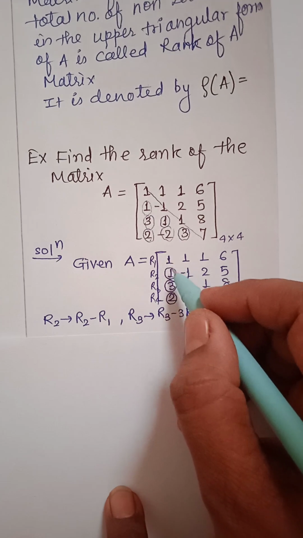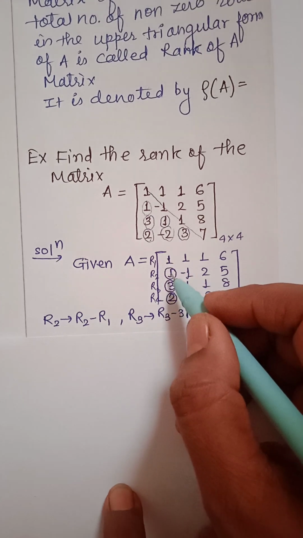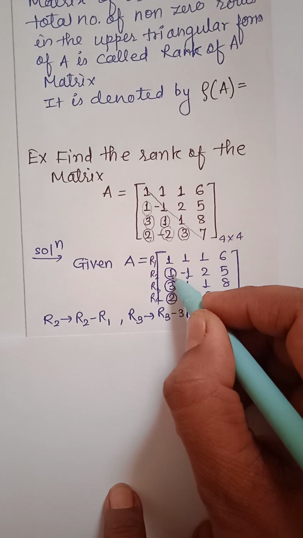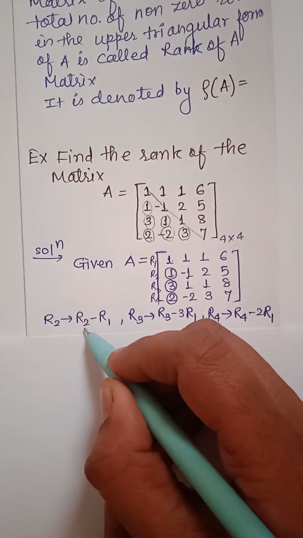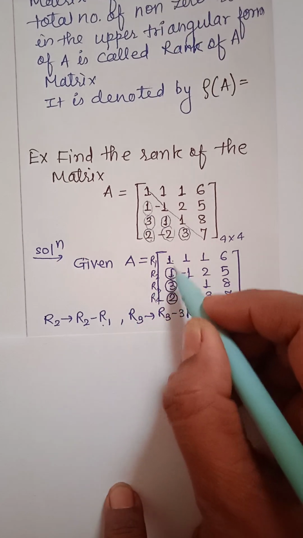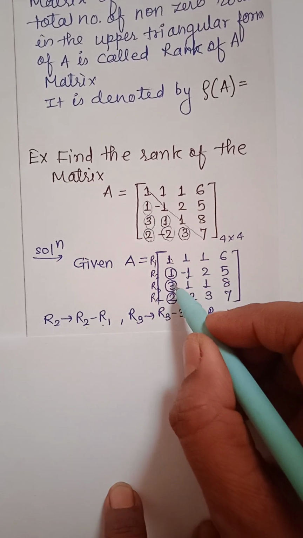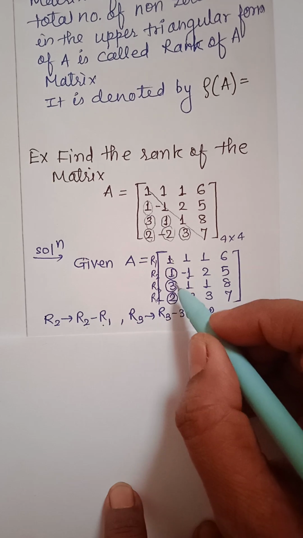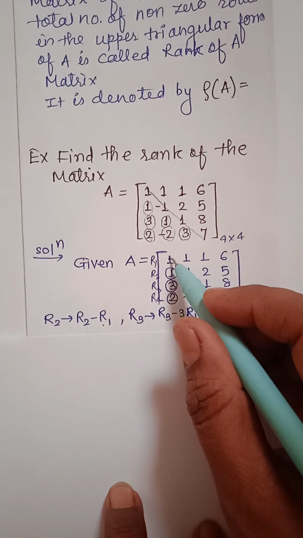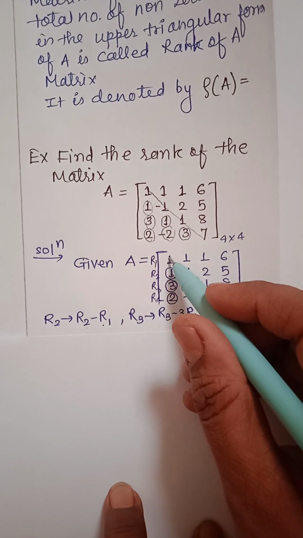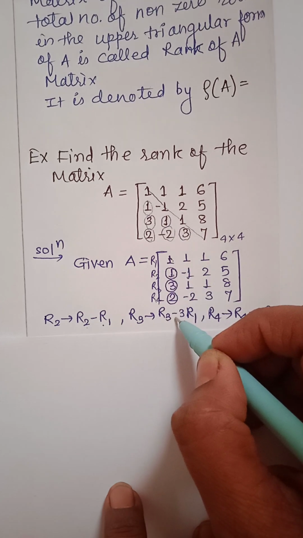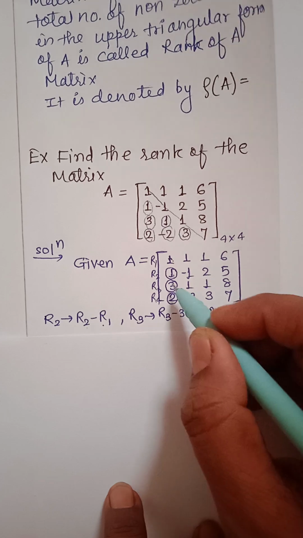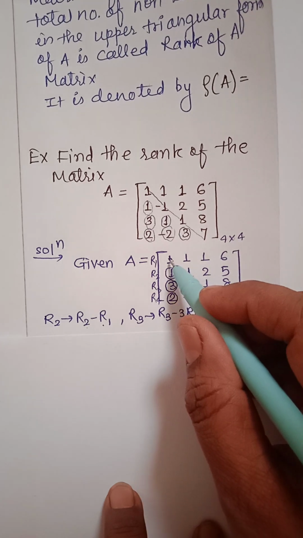So for that you have to make the operations. So to make this 1 as 0, 1 minus 1 is 0. Okay, so the operation becomes R2 minus R1, R2 minus R1. Similarly, to make 3 as 0, you have to multiply by 3 here and then subtract. That's why I am getting this operation R3 minus 3 R1, R3 minus 3 R1.